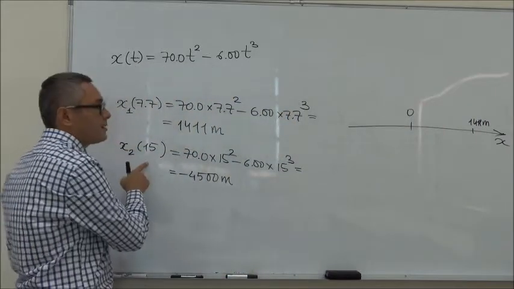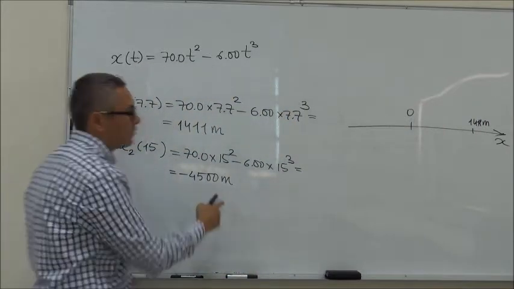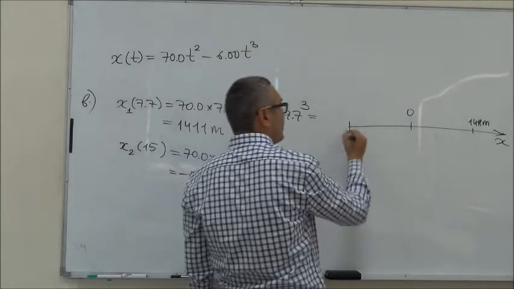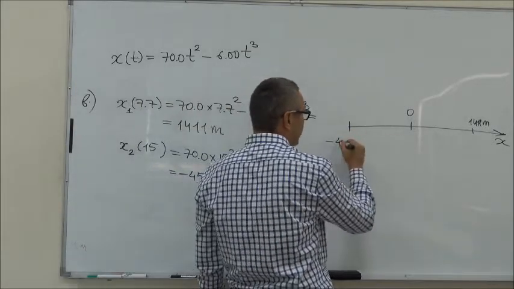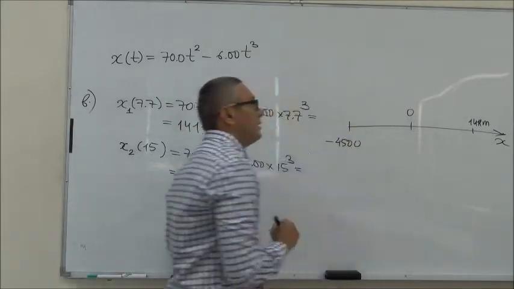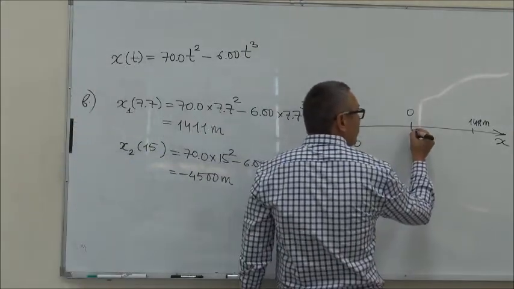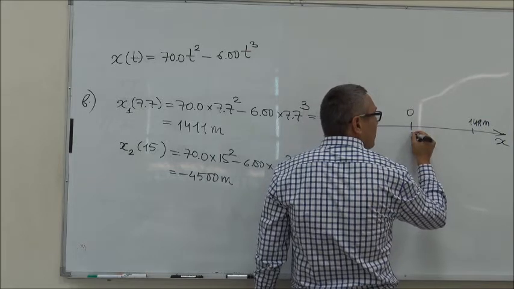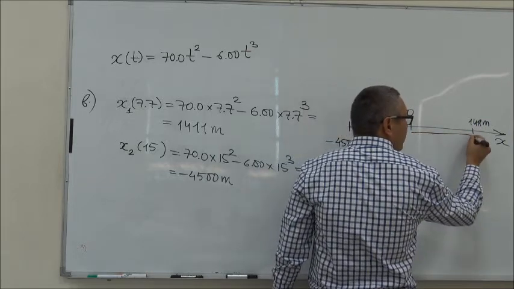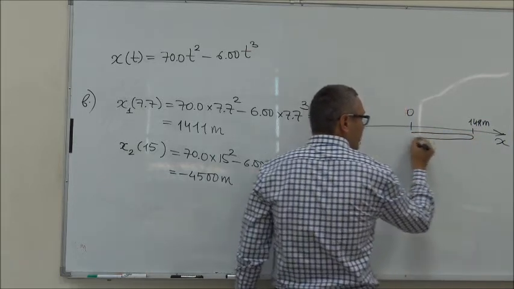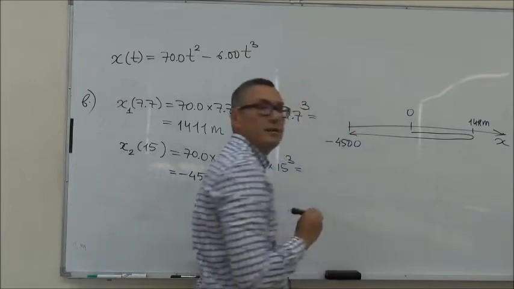In 15 seconds, it gets to minus 4,500. So it's somewhere here. This is not to scale, this is just a sketch. And so what was the actual motion? The actual motion was like this. It started from the origin, it got here, and remember, then it reversed direction, and then it got here.